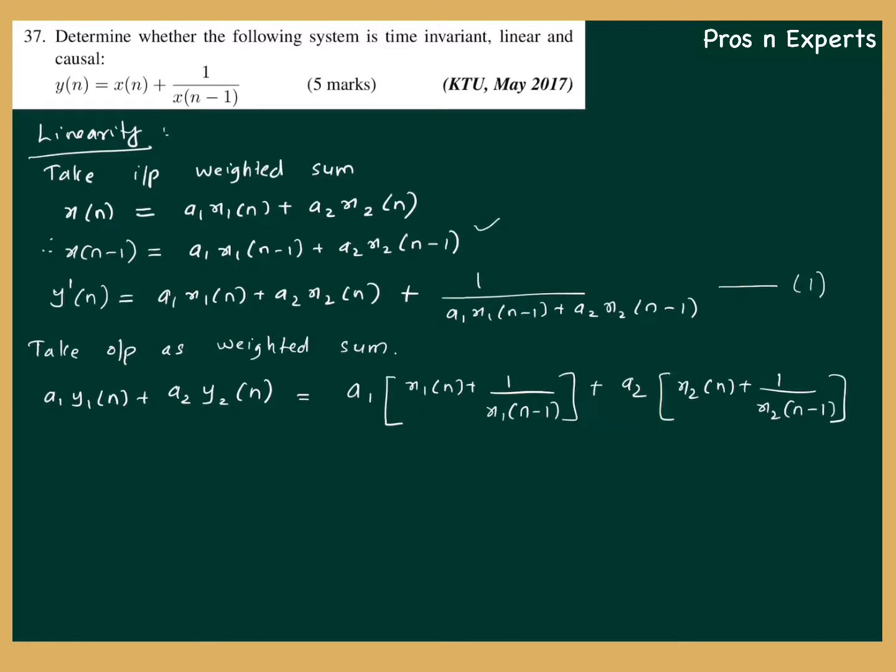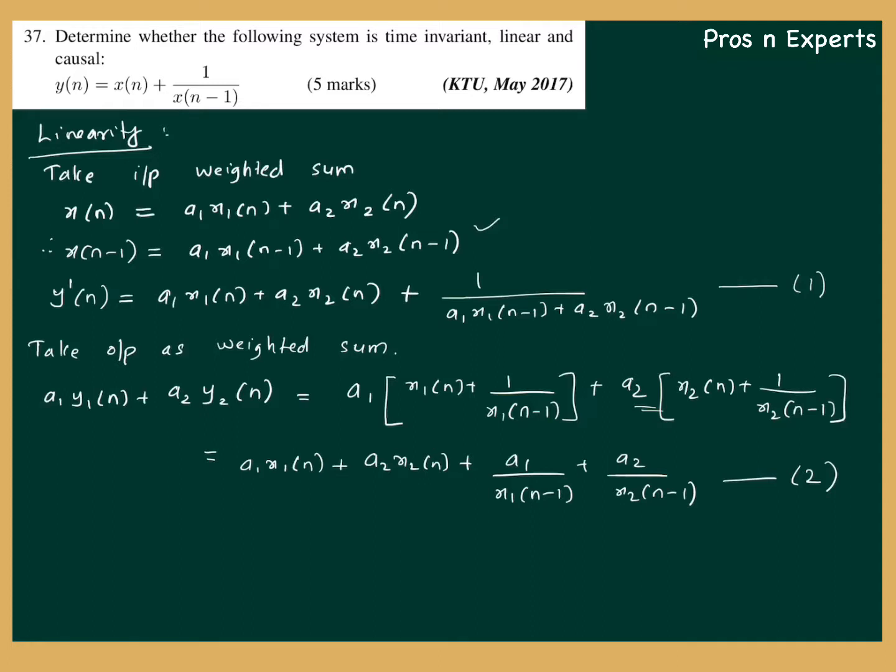Let us rearrange it: a1 x1 of n plus a2 x2 of n plus a1 by x1 of n minus 1 plus a2 by x2 of n minus 1. This is equation number 2, which is obtained when the output is mixed or weighted sum.